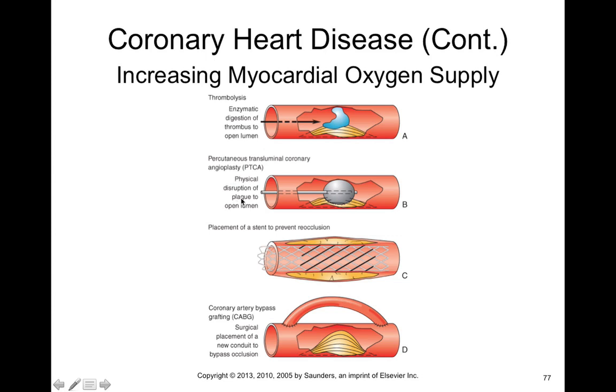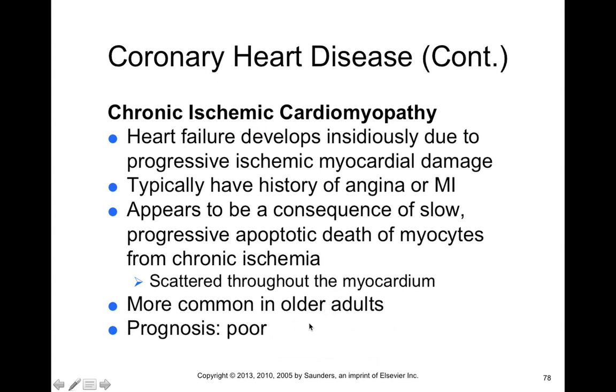We can have physical disruption of plaque, where we go in there and remove plaque. Placement of a stent can open up that vessel and allow blood to flow. Or even coronary artery bypass, where if we do have a blockage, we can graft a new blood vessel onto the existing vessel to get around that blockage, and that way we can improve blood flow through a new vessel.